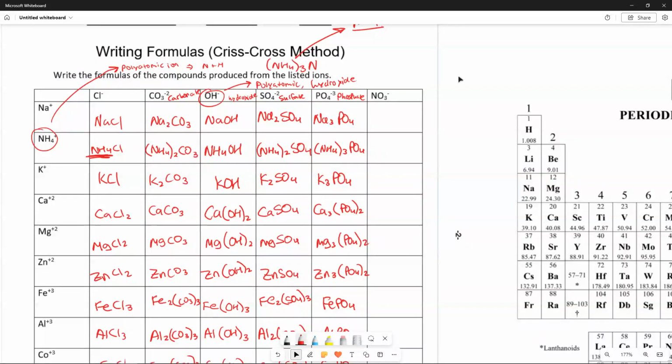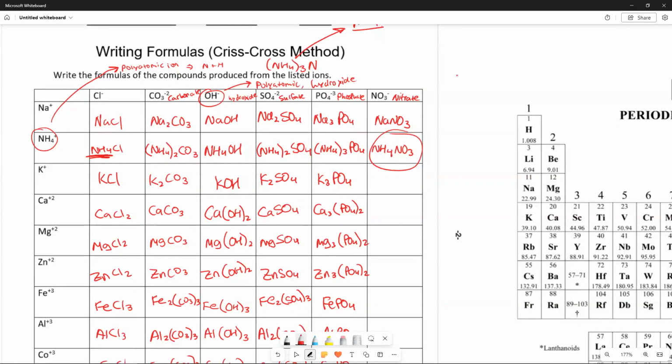Last column, we have Na plus, NO3 minus. This is the nitrate polyatomic ion. So we have 1 plus on sodium, 1 minus on nitrate, NaNO3. We are done. NH4 is the same deal. We have 1 plus and 1 minus on each, so we only need 1 of each, NH4NO3.